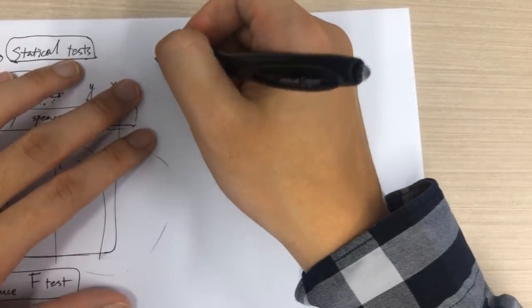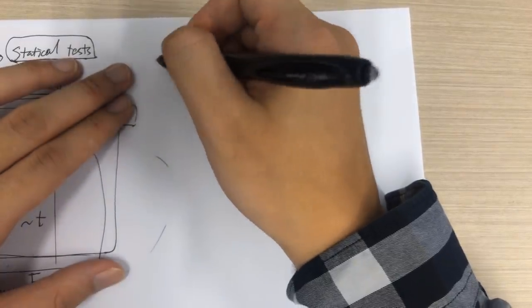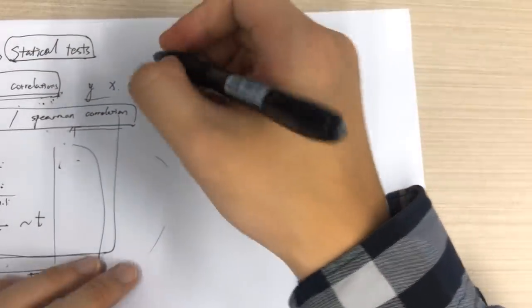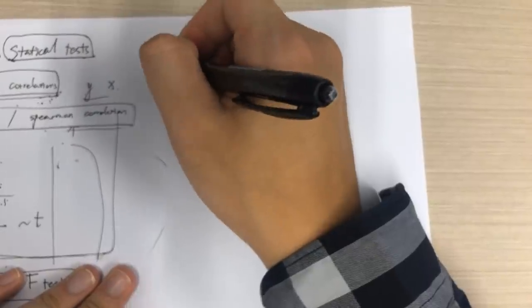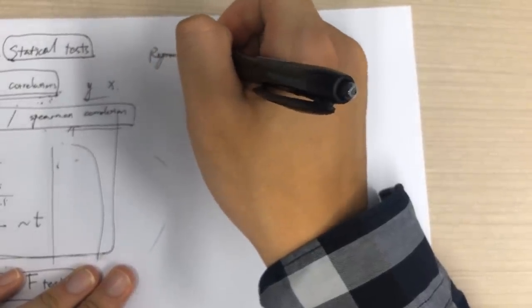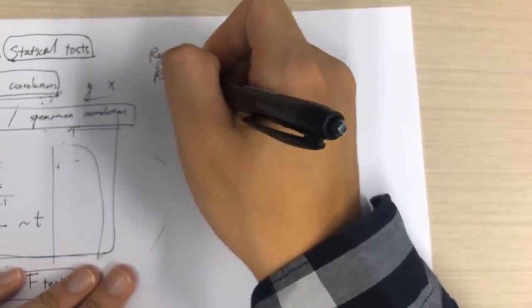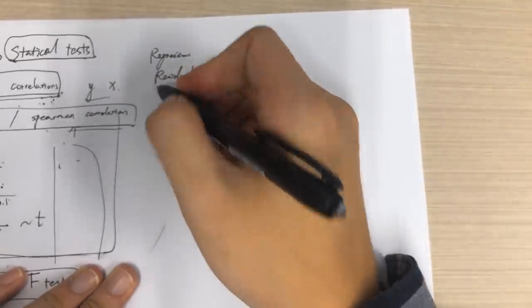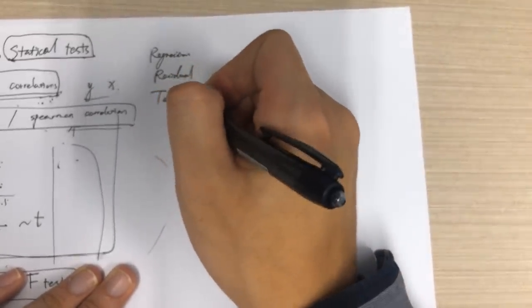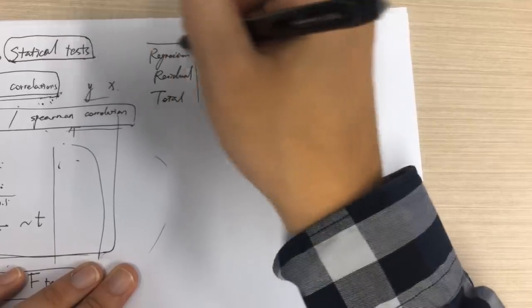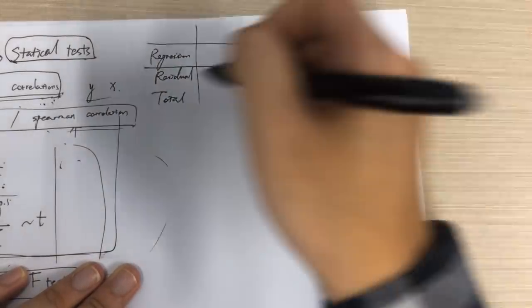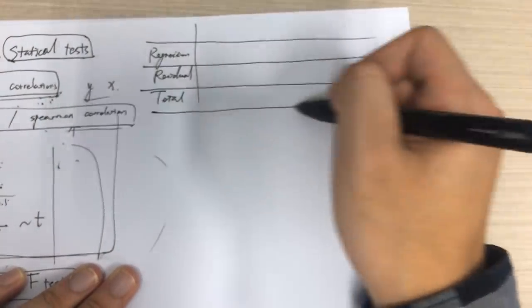So we need to know there are three sources of variation. The first source is the regression, the second source comes from the residual, and the third source is the total variation in y, right? So regression, residual, and total.